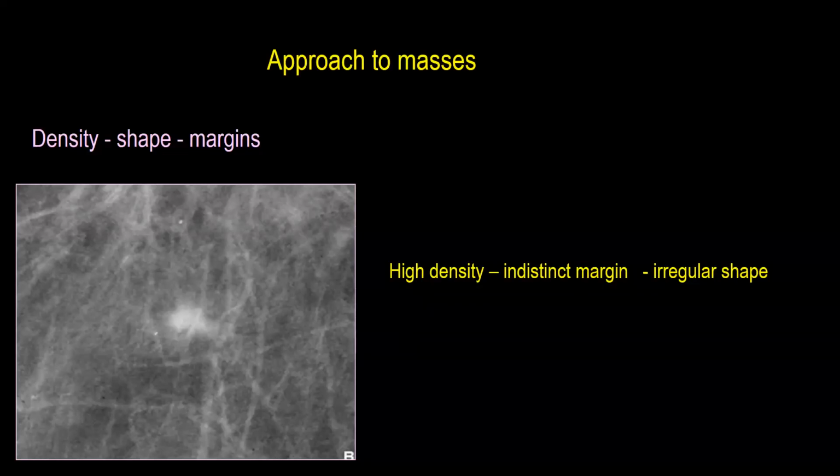Even by phone, if you tell the clinicians that this lady has a spiculated high density irregular mass, 2 centimeters maximum, or 3 or 7 centimeters, with such and such associated features, everything is clear.